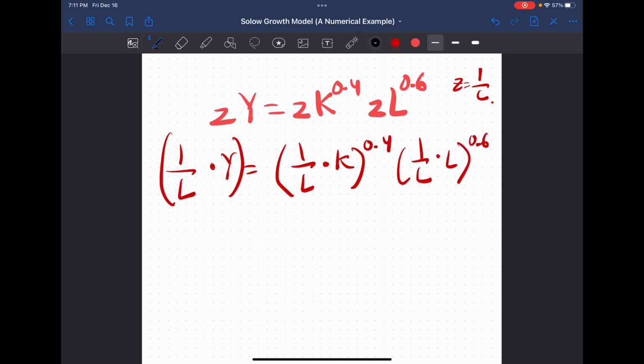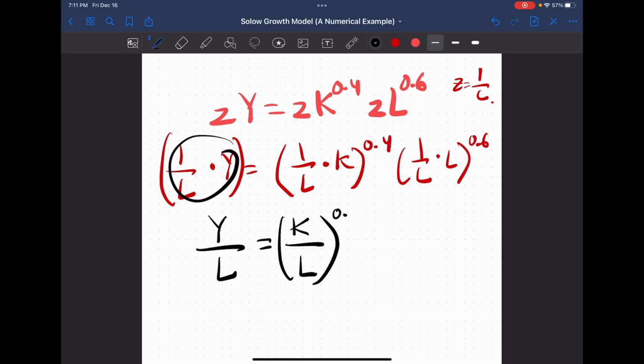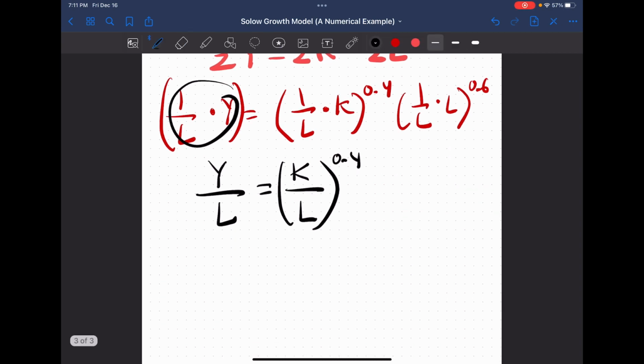Now we see that this equals Y over L, and this equals K over L, don't forget the power, which is 0.4. And here, interestingly, L over L is essentially 1, so we just disregard that. So our production function now is this.